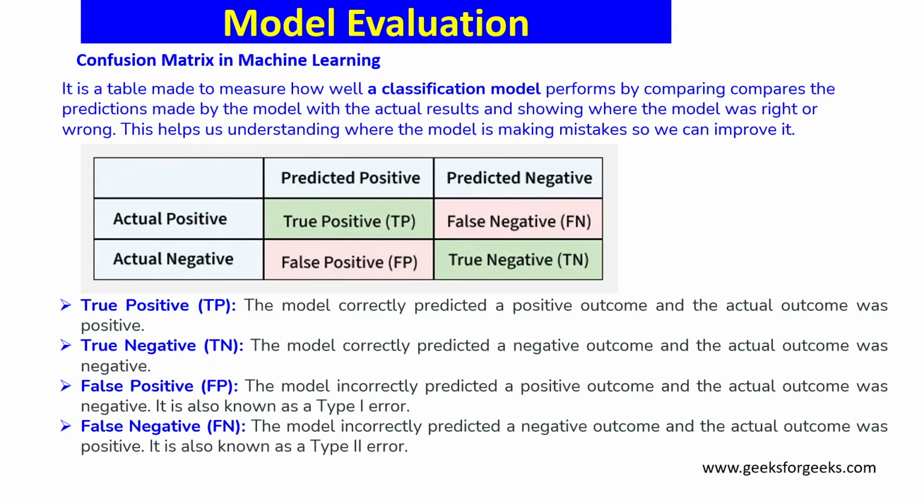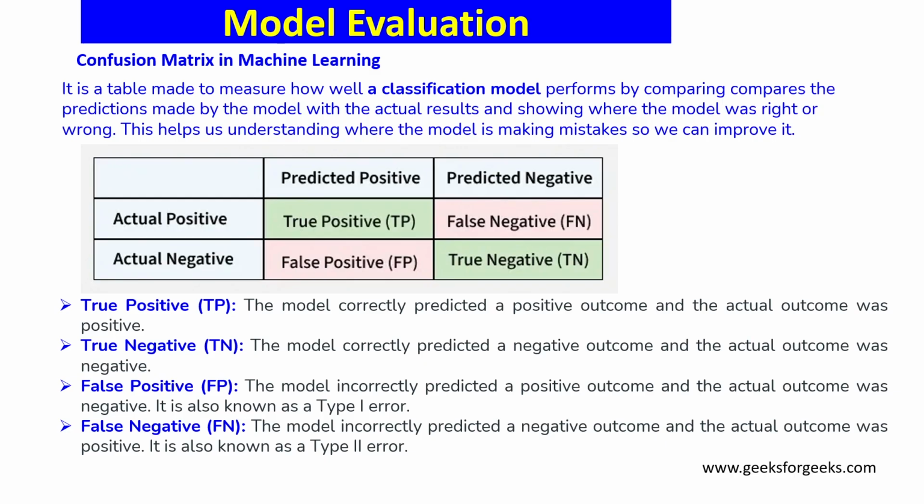In model evaluation, an important aspect is the confusion matrix, which is used for classification problems. Here we create 4 different sets of aspects: true positive, true negative, false positive and false negative. True positive is the case where the model predicted a positive outcome, and the actual outcome is also positive.